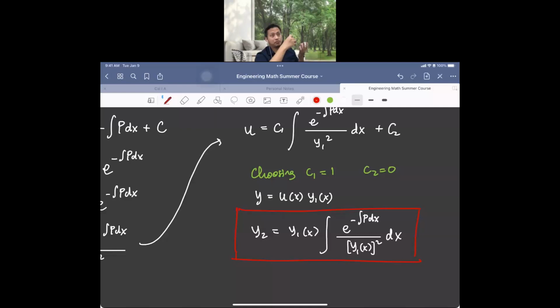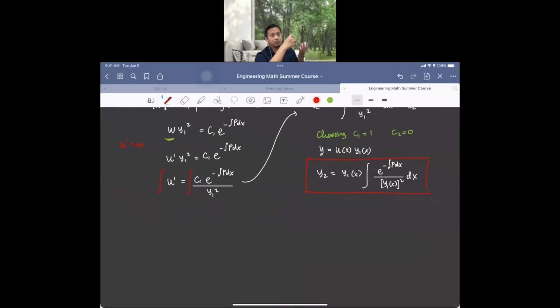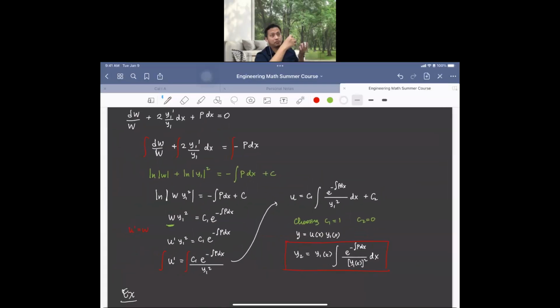Okay, let me give you just remarks, like an example of how to use this y2. We can use this y2 if we are sure that y1 is known from the given differential equation. And we can just use this integration with the integrating factor inside. Okay, let me give you time for writing this.